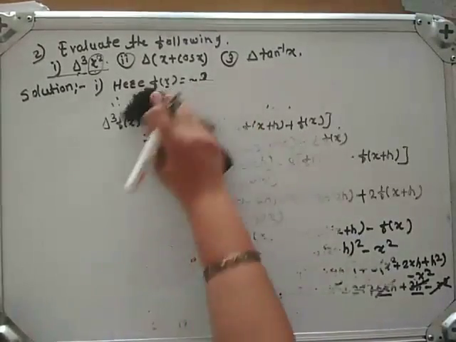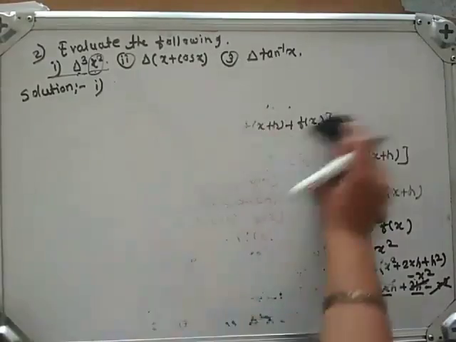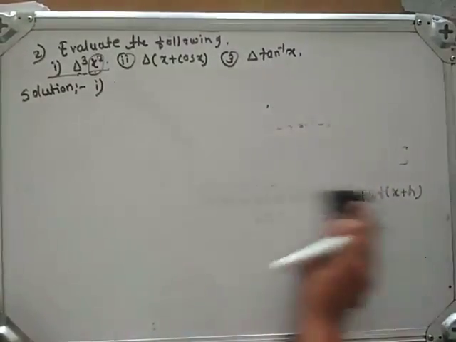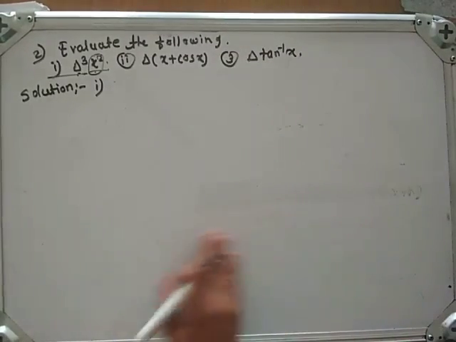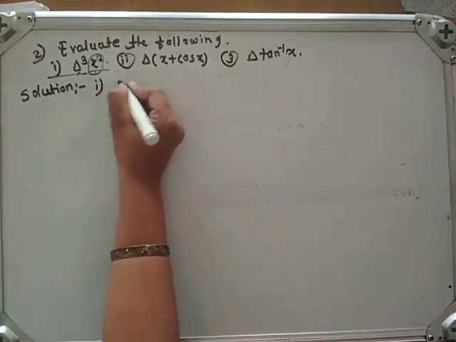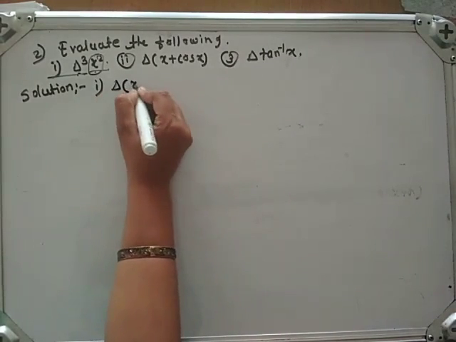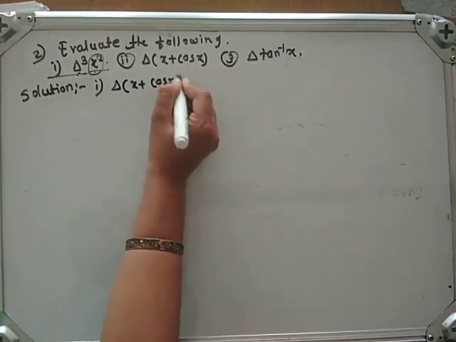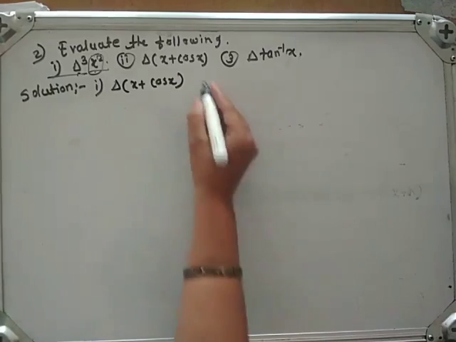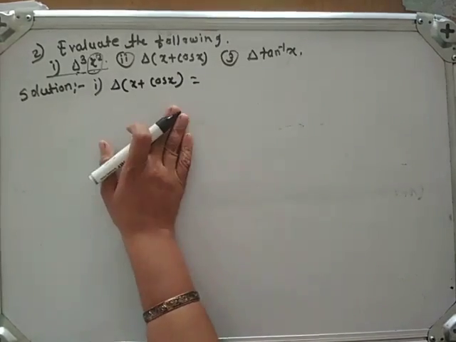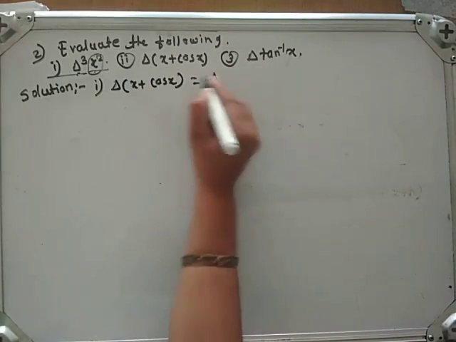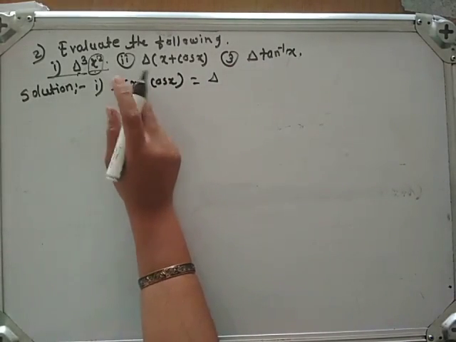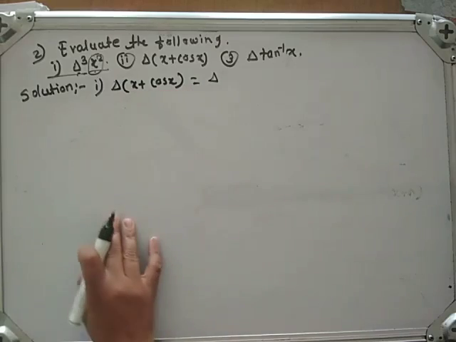Second, we have to evaluate delta of x plus cos x. We know that the delta operator is distributive over addition.